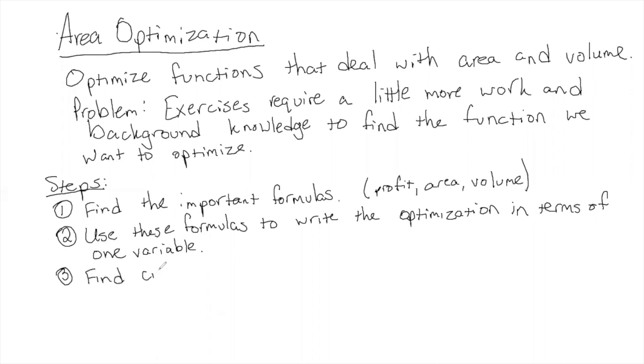Then we want to find the critical points, just as we've done. And this is easy. Take a derivative, set it equal to 0, right? Go through that whole song and dance. And then we want to interpret our answer, meaning answer the question.